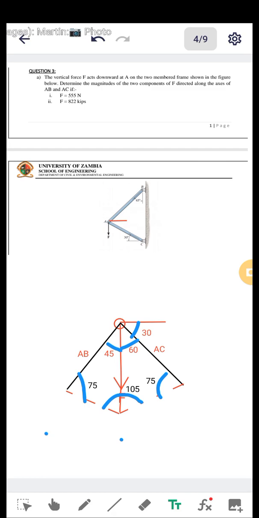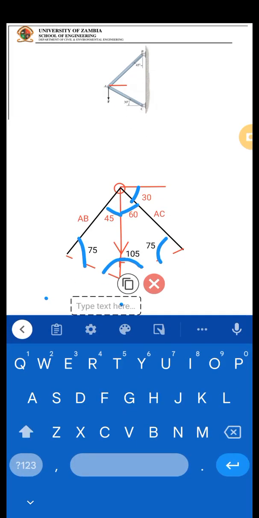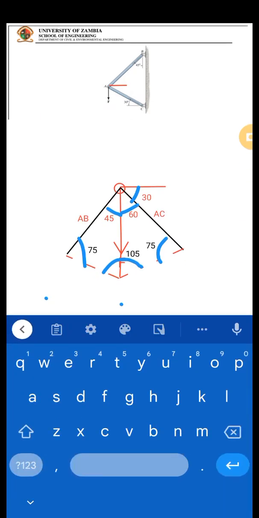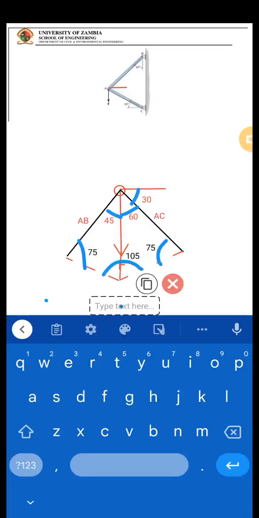Now, making a triangle here, we can either get this part or this part. As you can see, this opposite side is the same as this one, and this one is also the same as this one. So we're simply saying this is AB.